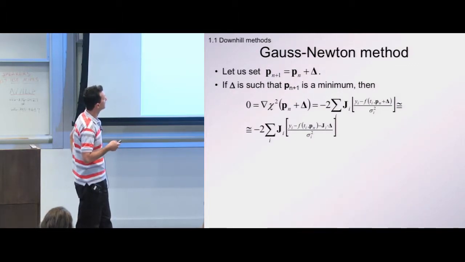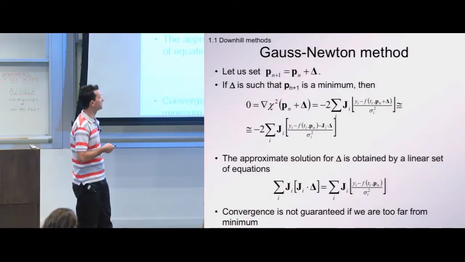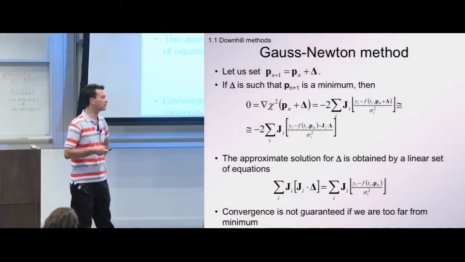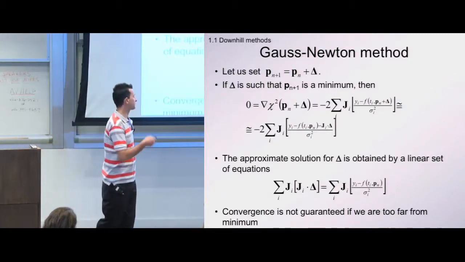If you're close enough to the minimum, then you can Taylor expand your model. You get this equation with a bit of algebra. In the end, you have a set of linear equations for delta that you can solve with standard methods, and you will find this offset delta from the minimum.